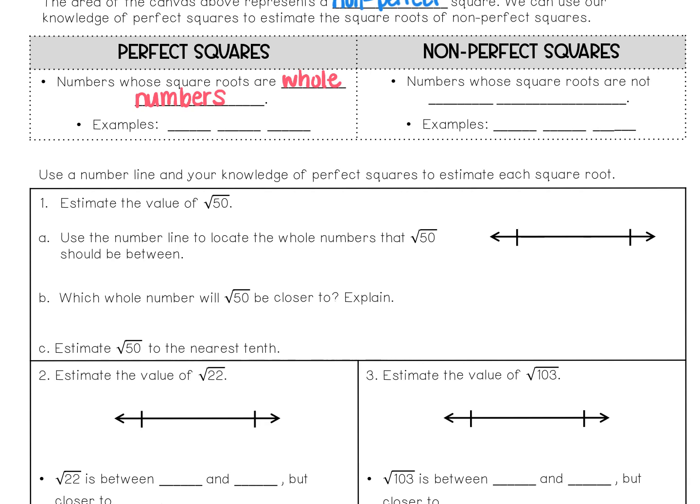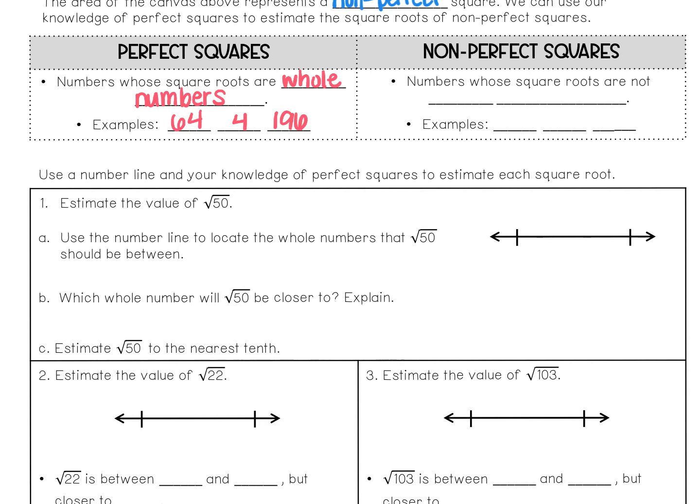And some examples might be 64, 4, 196, because the square root of 64 is 8. The square root of 4 is 2. The square root of 196 is 14.